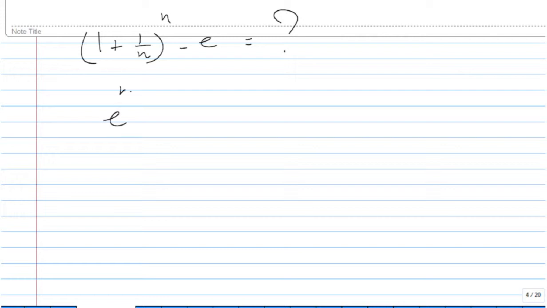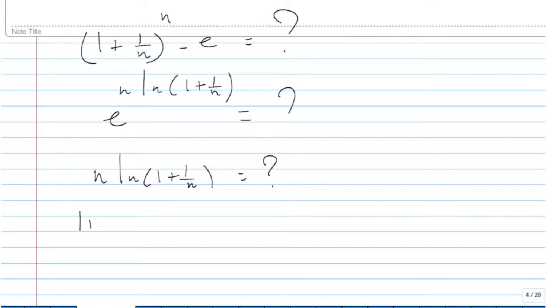So this is e to the power n ln of (1 plus 1 over n), and we're going to look at n ln of (1 plus 1 over n).